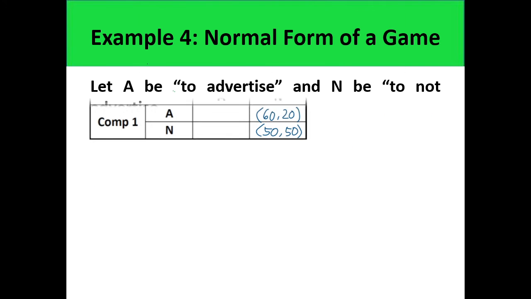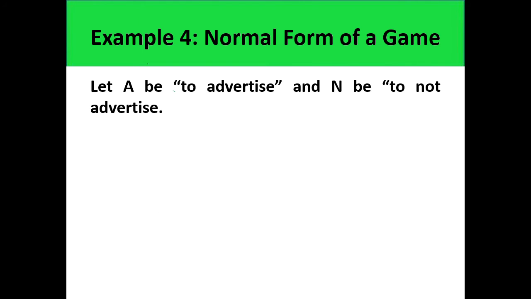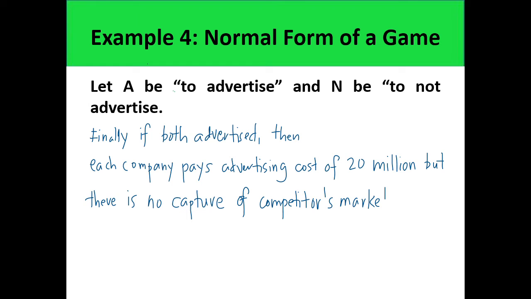Now for the other way around, if company 1 does not advertise and company 2 advertises, you will get 20-60. And then finally, if both companies advertise, then each company pays advertising costs of 20 million, but there is no capture of competitors' market share.